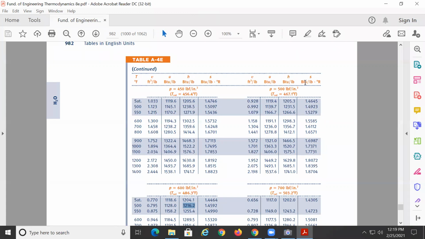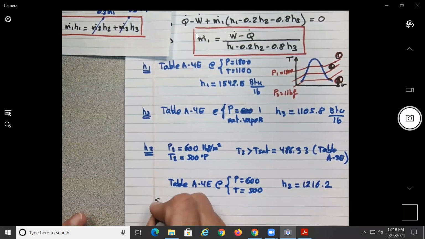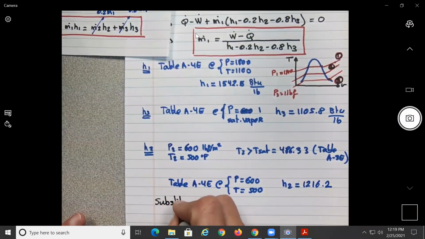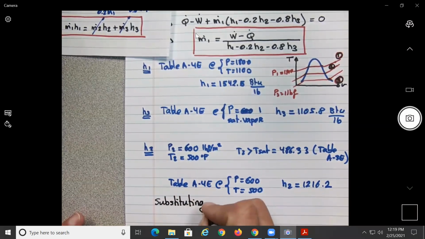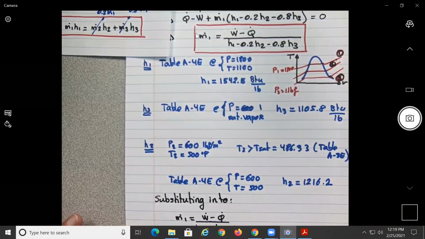So we have that value, so we got all the data that we need now. We can just go to the top equation. We might have to be careful with the sign. So substituting into m1 equal to power minus heat transfer divided by H1 minus 0.2 H2 minus 0.8 H3.